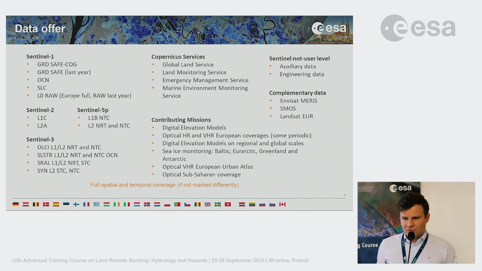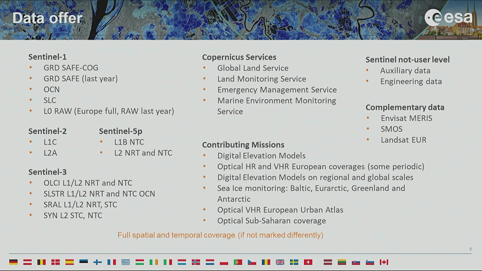You have access to contributing missions, like the digital elevation models or very high resolution imagery used for emergency purposes, with some restrictions to access depending on the user level. There will be also complementary data. So, for example, the Envisat MERIS or SMOS or European coverage of Landsat is already available in the ecosystem.